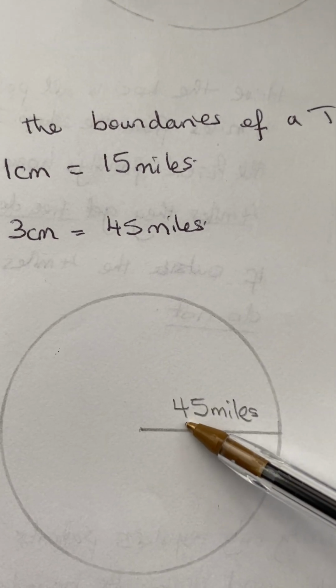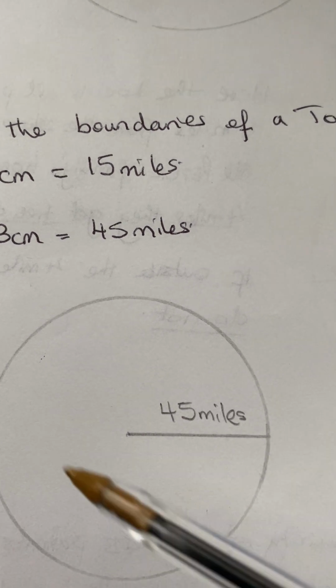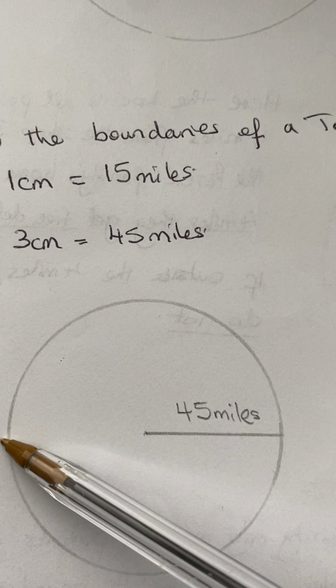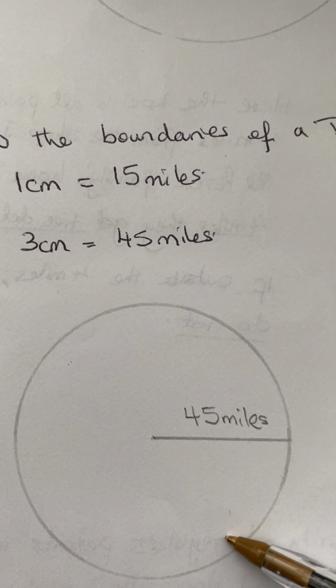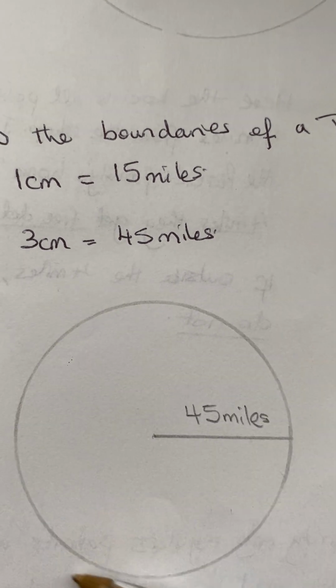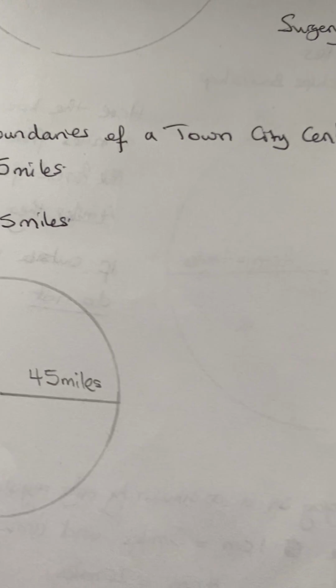So you measure 3 centimeters with your compass and just draw a circle and say that every point on this circle will form a loci from the town city center.